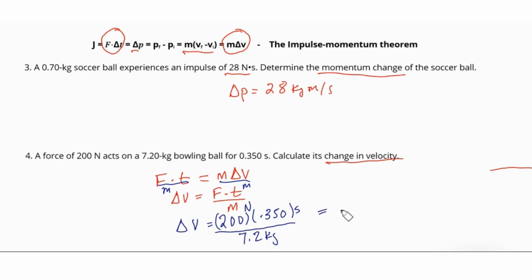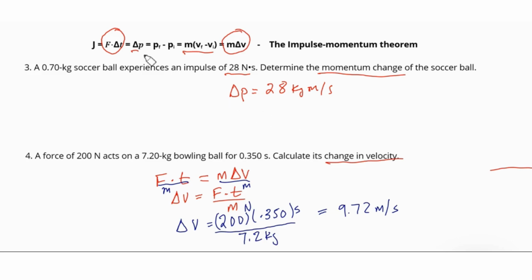And so moving on, we have 200 times 0.35 divided by 7.2, which gives me 9.72 meters per second. So this force acting on this 7.2 kg ball for 0.35 seconds will increase its velocity by 9.72 meters per second.